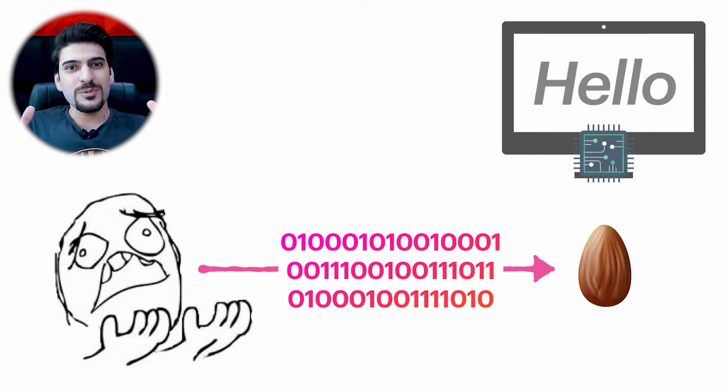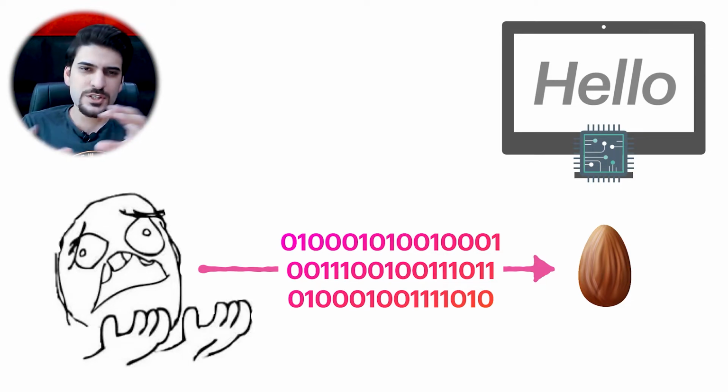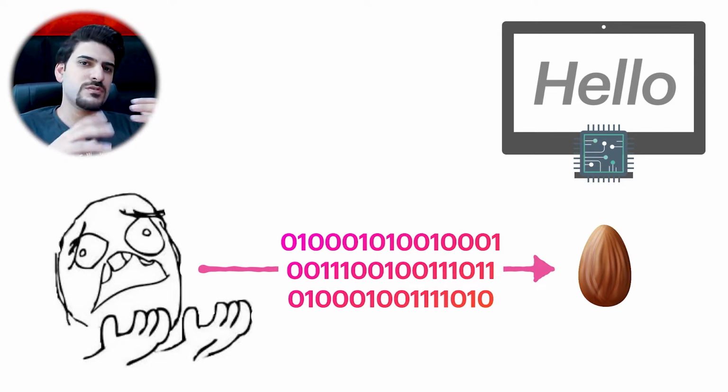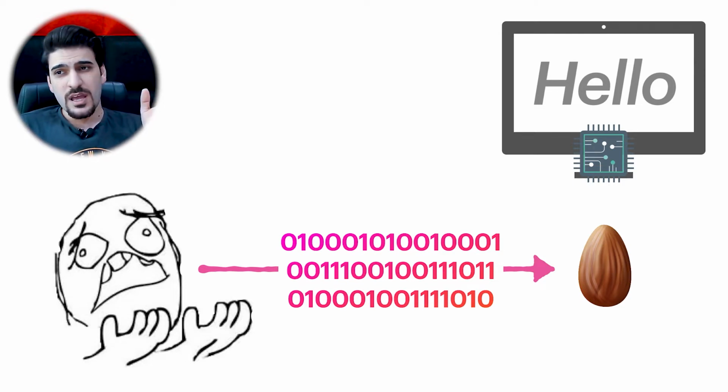And that's the problem, because it is so difficult to figure out which exact combination of zeros and ones are needed in each situation we want to ask our computer something. So how can we solve this problem? It turns out that we can have something in the middle here.